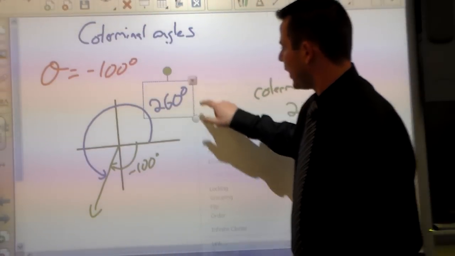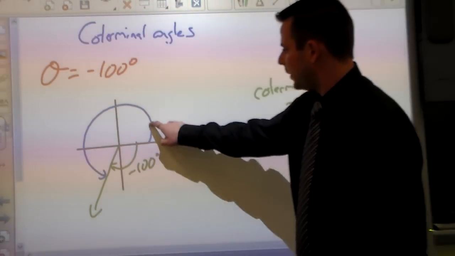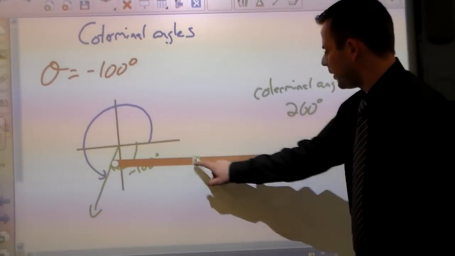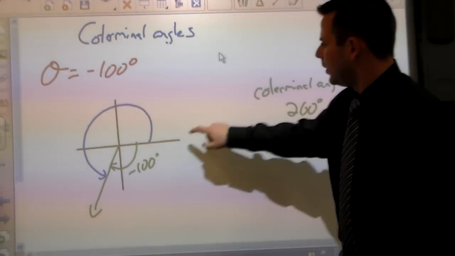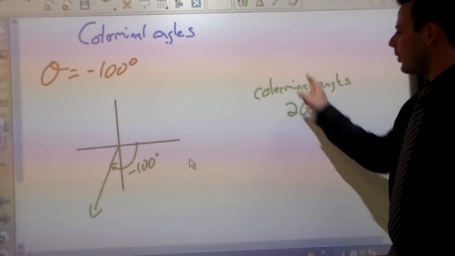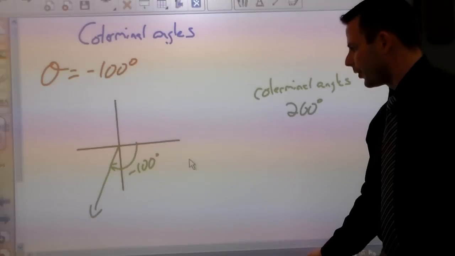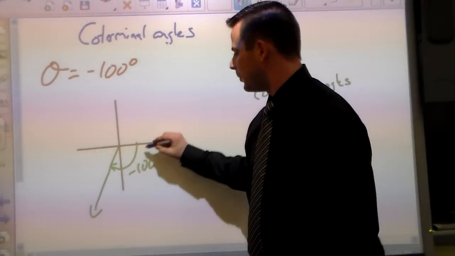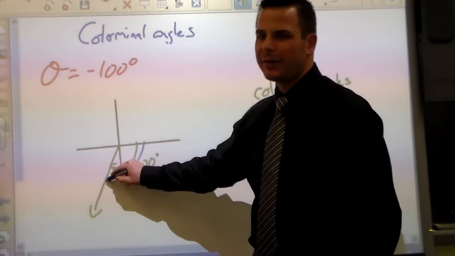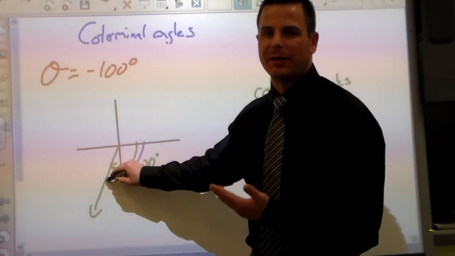So let's get rid of this 260 and show some other coterminal angles. We started with negative 100. We already found that 260 is a coterminal angle. Well, what if I want to travel in the same direction and say, all right, let's end up at the same spot. Well, yeah, it's a coterminal, but it's the same angle, negative 100.